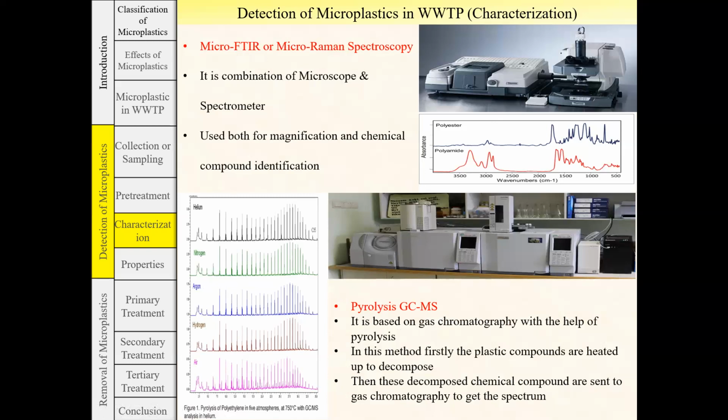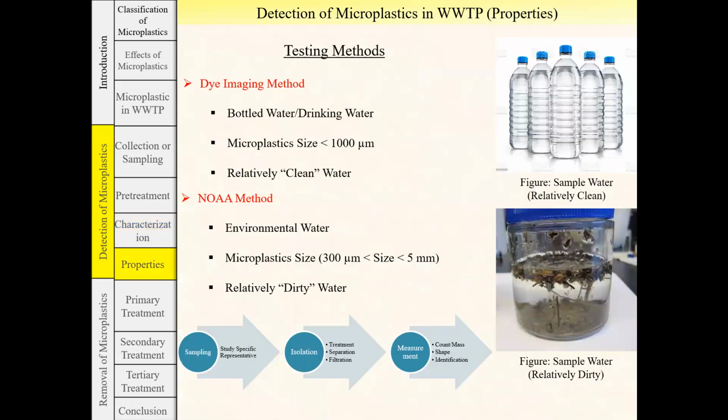Now we will quickly discuss the testing methods, the methods we actually use for detection of microplastic. The first one is the dye imaging method, and the second one is the NOAA method.